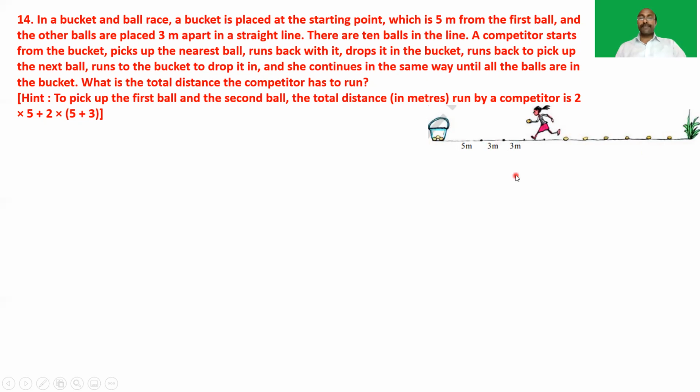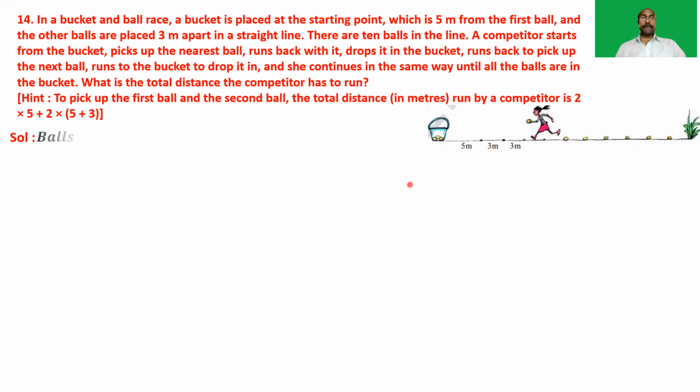So there are 10 balls, and the competitor has to run from the bucket to the ball, pick the ball, and go back to place it in the bucket, and again run for the second ball, pick it up, and run back to drop it in the bucket, like that. In this way 10 balls are to be completed. So how much distance will the competitor have to run? That is the question.